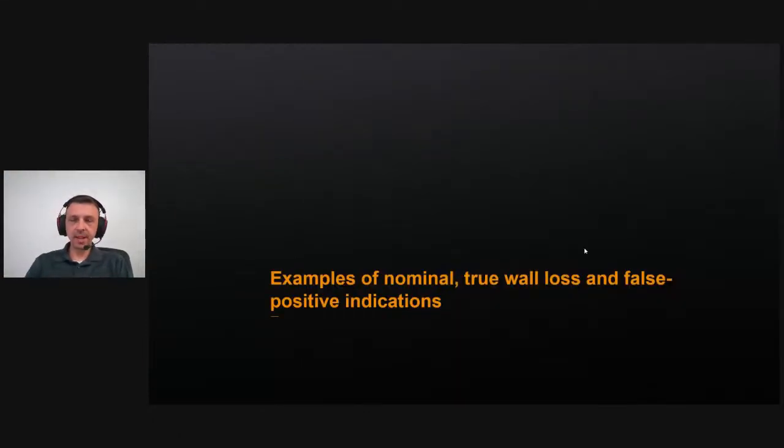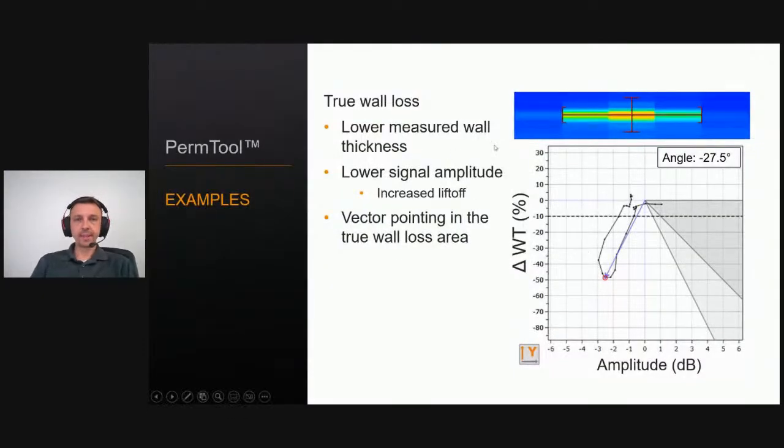So I will give you two examples. The first one is a true wall loss. As you can see, we have a decrease in wall thickness in the C-scan. So the vector will go toward the bottom of the graph. Also, in that case, we have an increase in liftoff, which causes a decrease in signal amplitude.